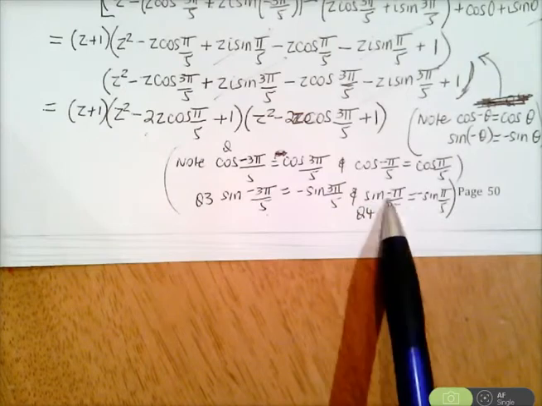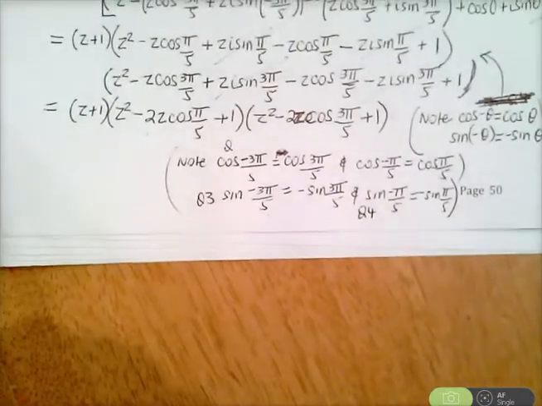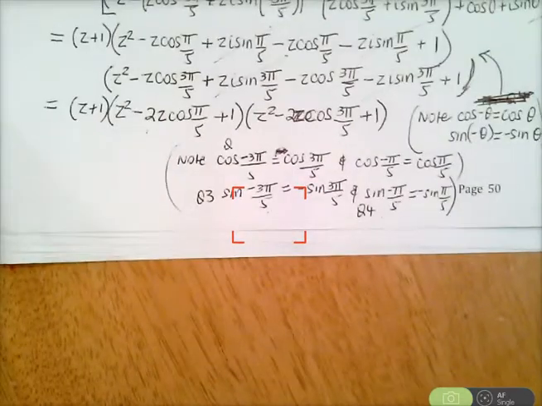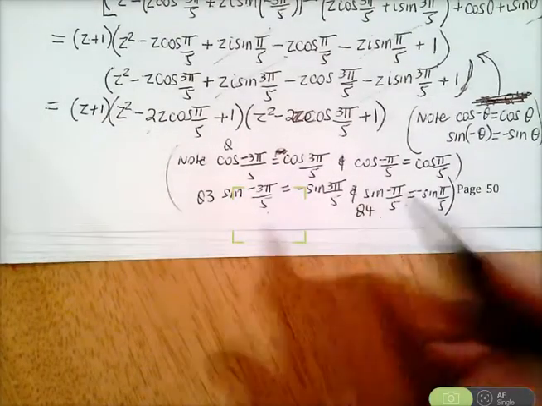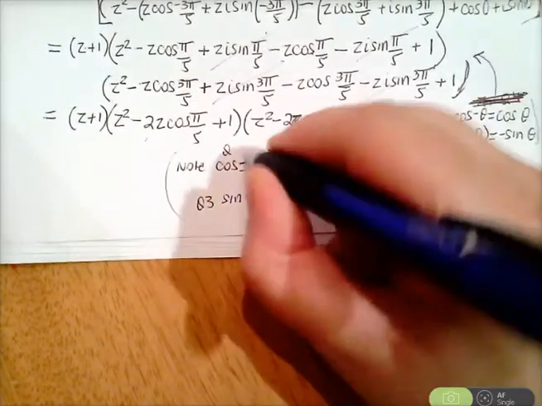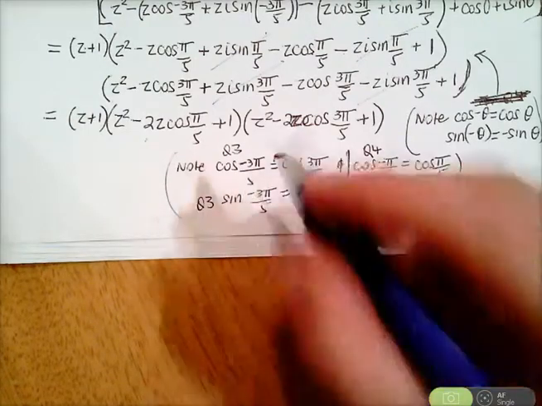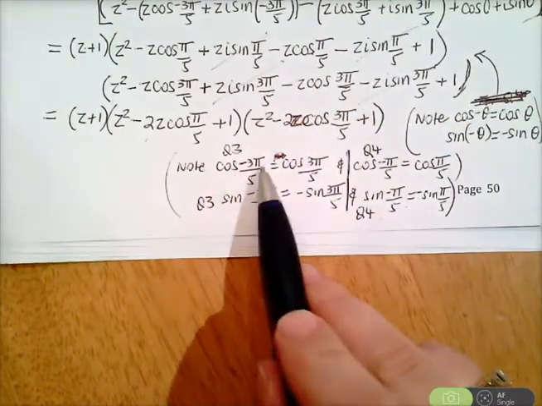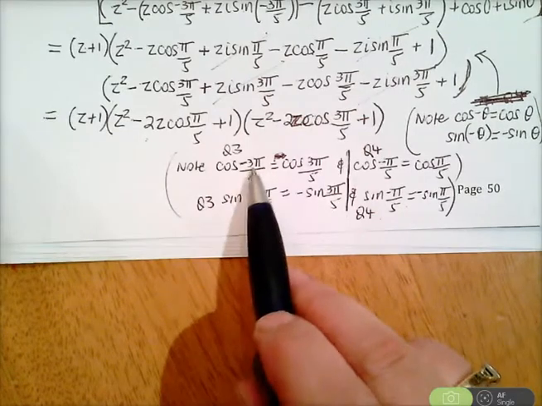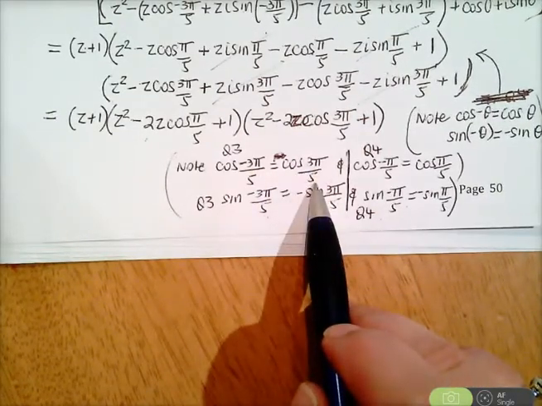We know that this is quadrant 4 as well. Sine minus pi on 5 equals minus sine pi on 5. Now you may say, well, so these two are obviously quadrant 4. But then you might say, well, wait a sec, this cos minus 3 pi on 5 is not quadrant 4, it's quadrant 3. And it actually is. And cos 3 pi on 5 is actually quadrant 2.